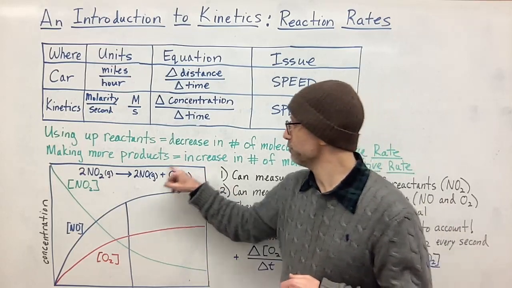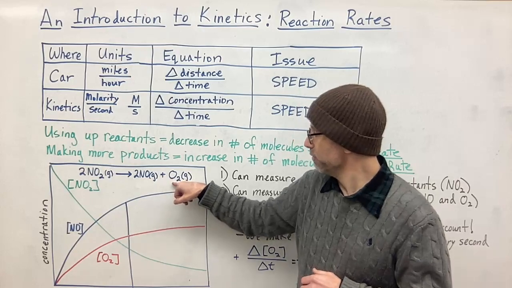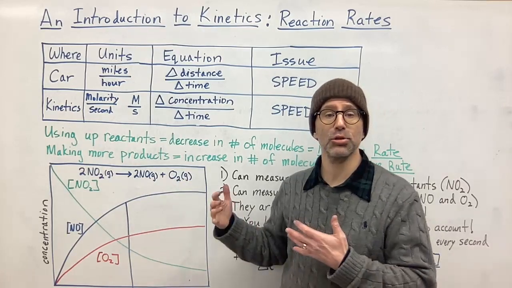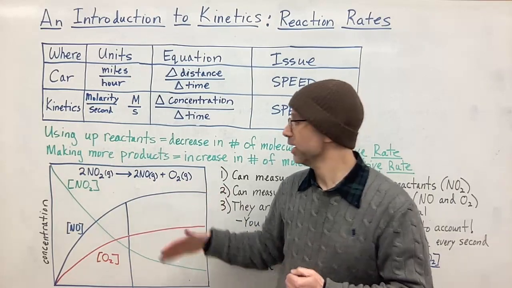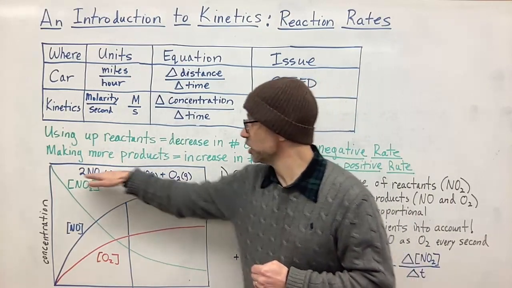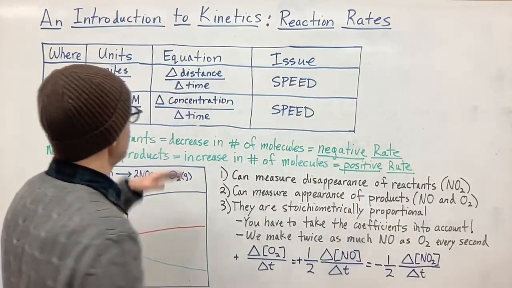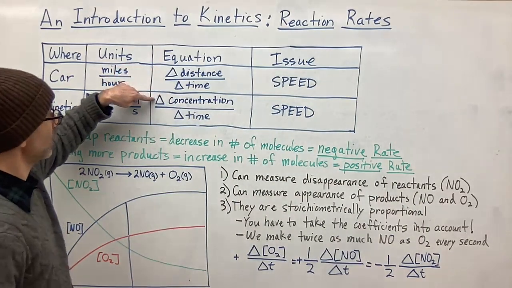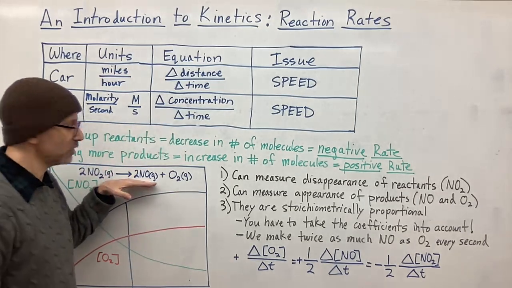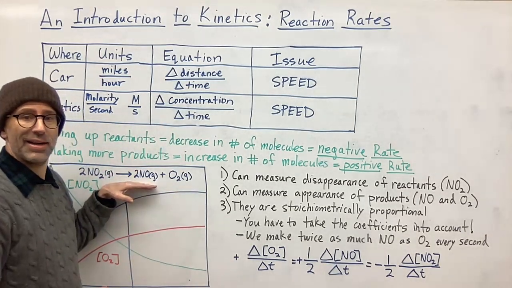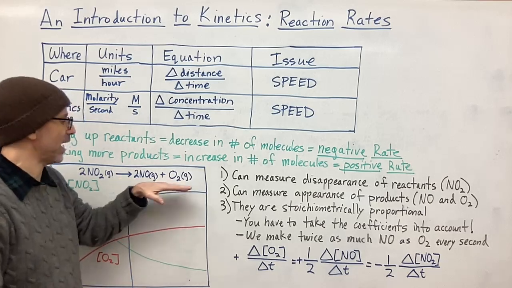So when we're trying to figure out the rate of the reaction according to the various species, we want to do that in such a way that we're going to get the same reaction rate regardless of which species we use to calculate that rate, right? So looking at the change in concentration over time, well, the concentration of NO doubles, is twice as fast. That change in concentration is twice as fast as oxygen.